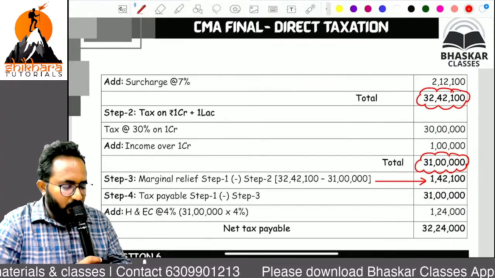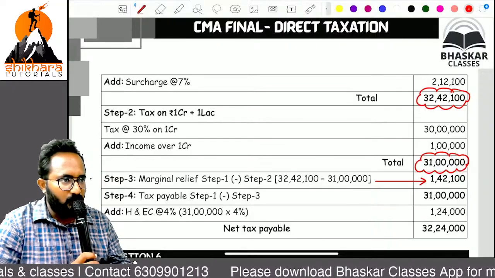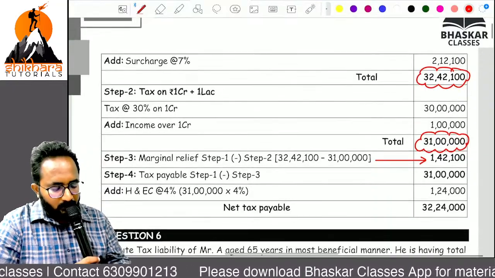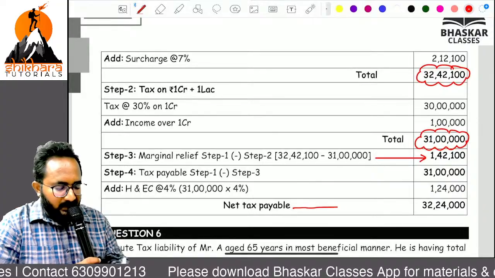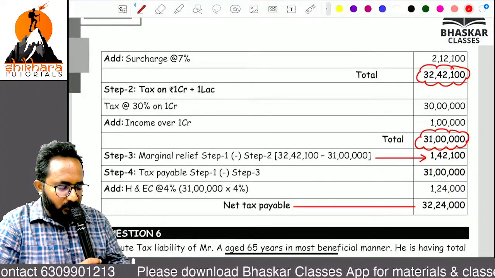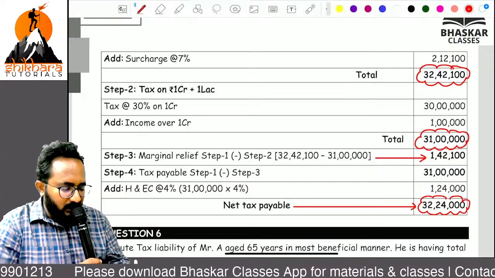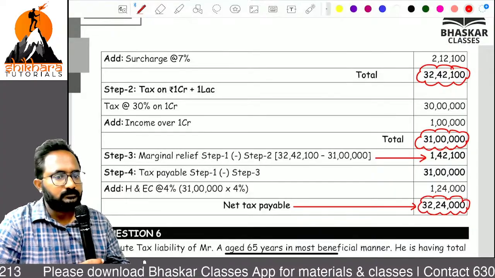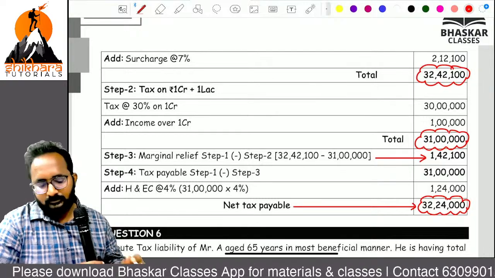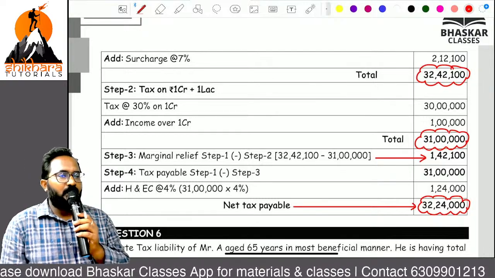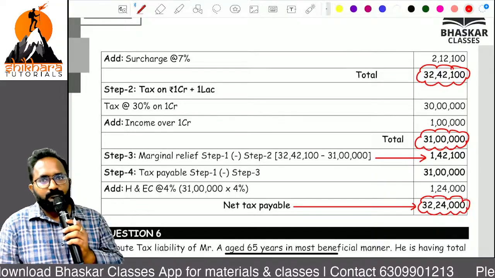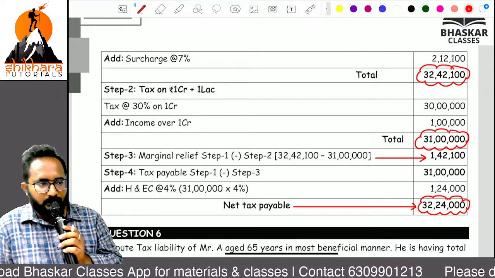What is it? 1,42,100. Super. So finally, after adding the health and education cess, you will get a tax liability of 32,24,000. Clear? Super.